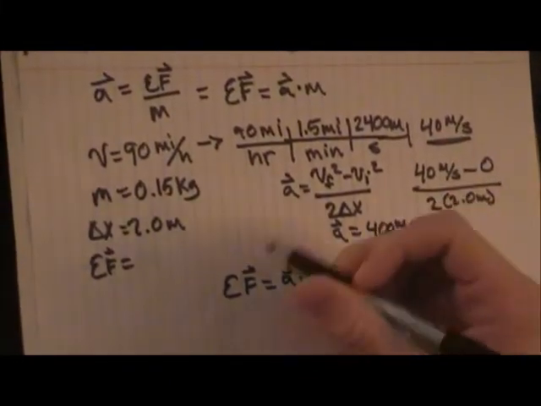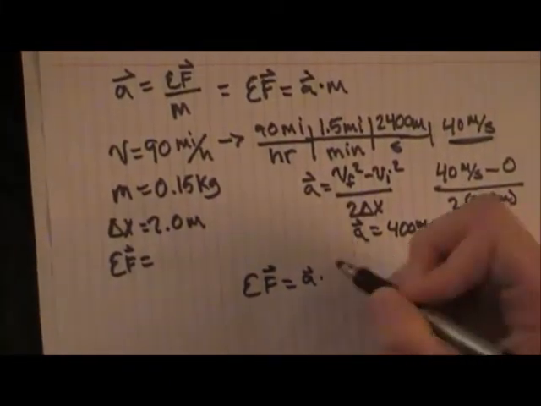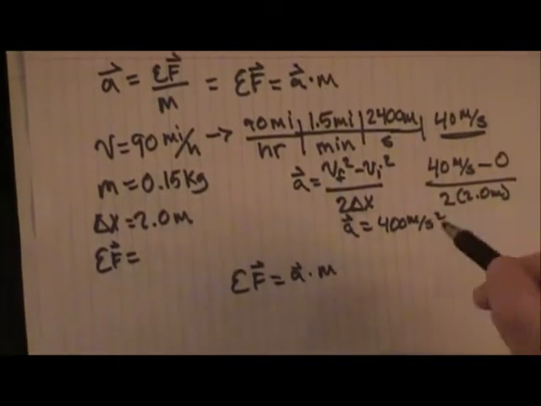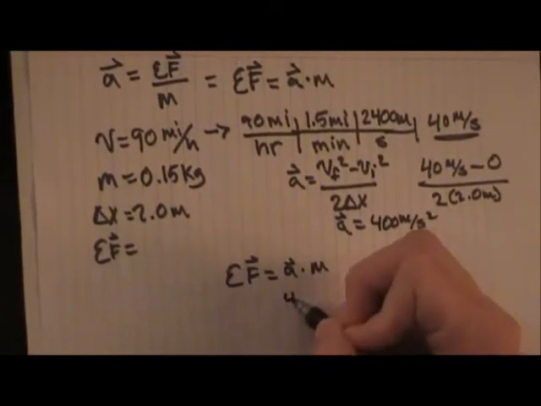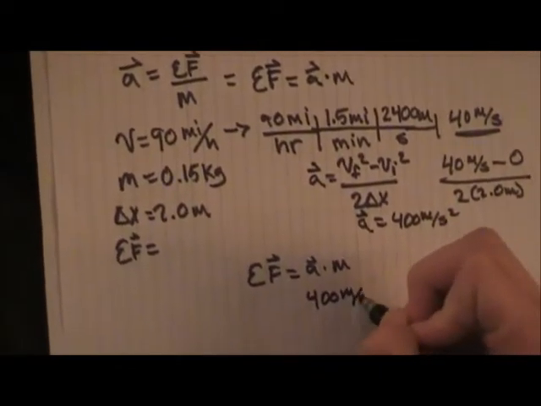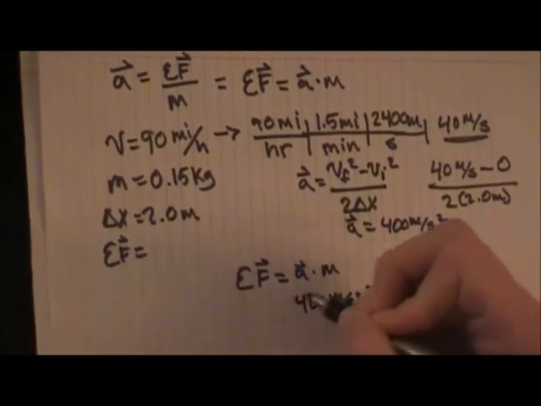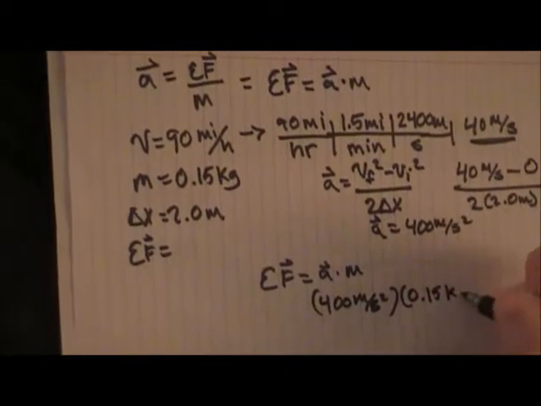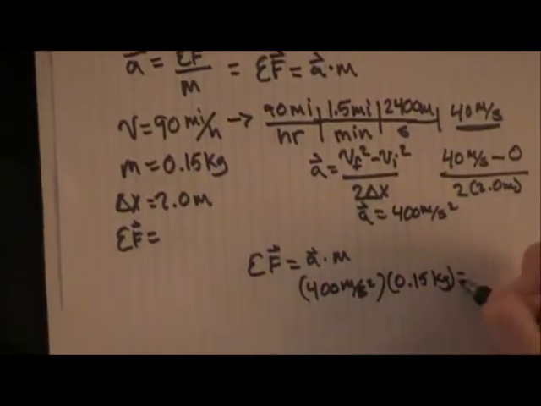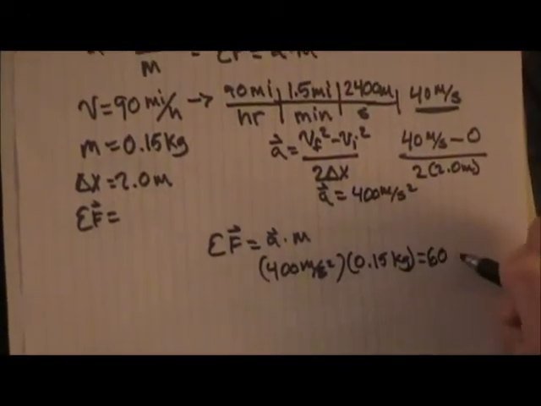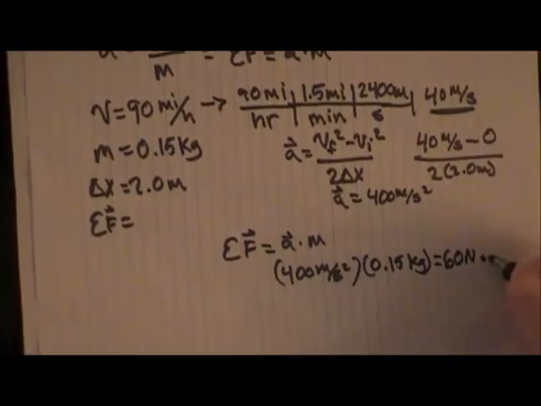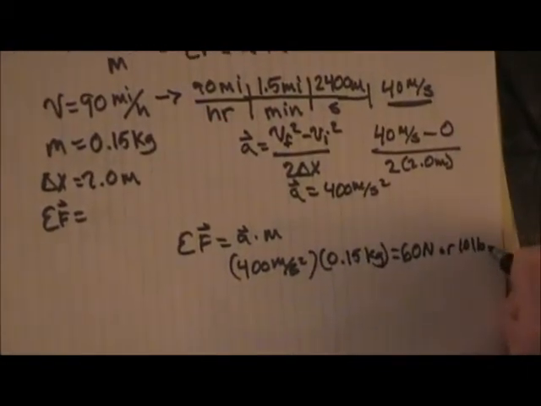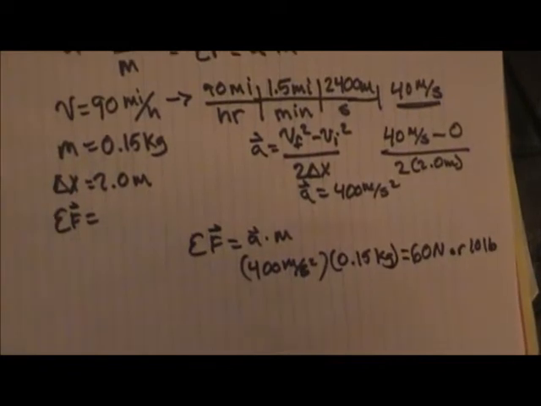Net force is equal to acceleration times mass. We're going to plug in the acceleration, which is 400 meters per second squared, times the mass, which is 0.15 kilograms, and that is going to equal 60 newtons, or 10 pounds of force acting upon the baseball.